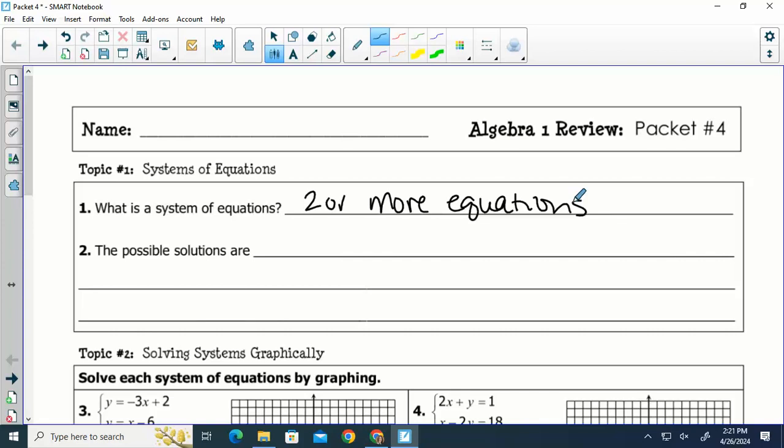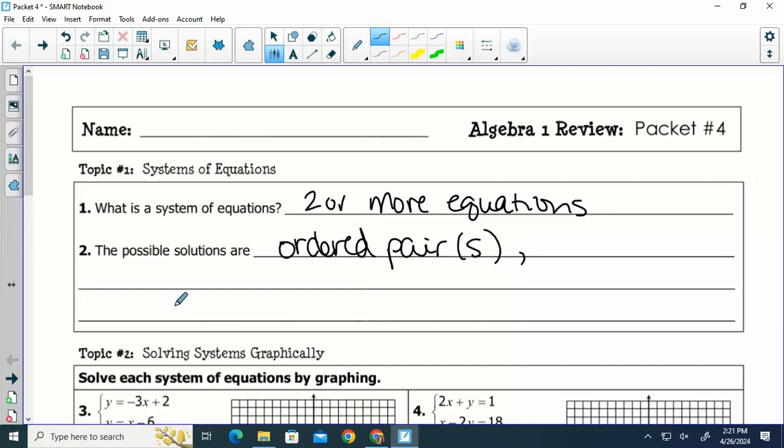In terms of the solution, those are the ordered pairs that make both of them true. So we can have ordered pairs. I'm going to say it could be more than one because we did some nonlinear ones at the very end. So if it's just lines, it's a single ordered pair. If they're not lines, we could have more than one.